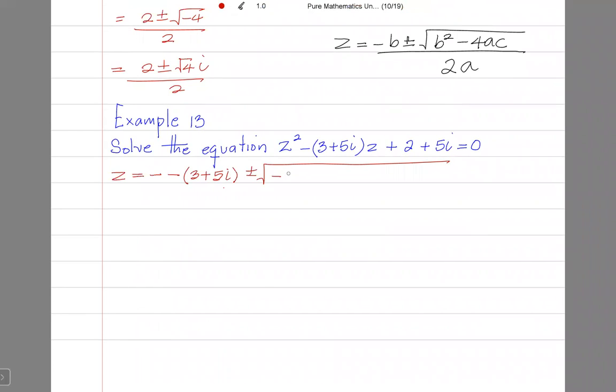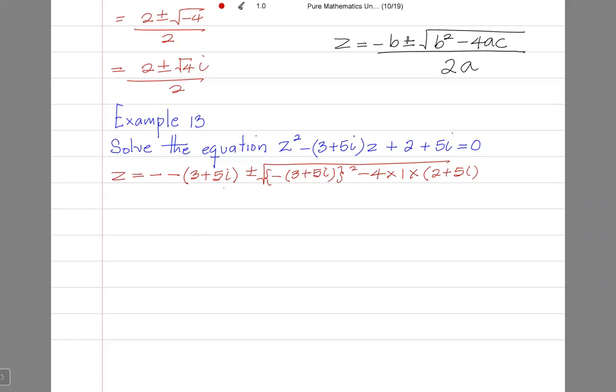So that's minus into 3 plus 5i, and we need to square this. Minus 4 times a, which is the coefficient of z squared, which is 1, times c, which is the part of the equation that doesn't have any z to it. So that's 2 plus 5i.